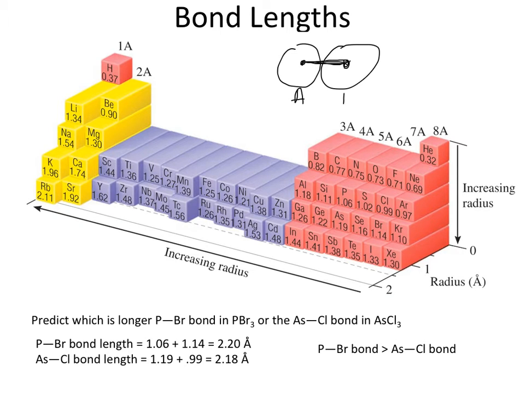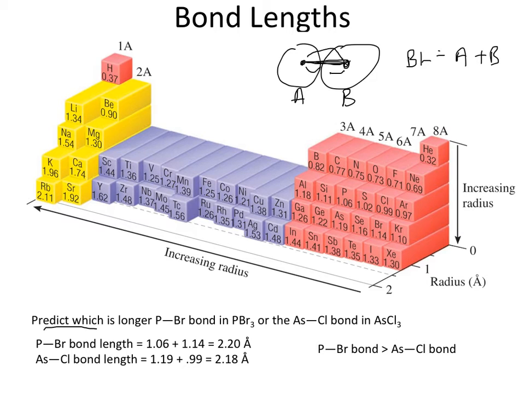So for element A and element B, if I know the radius of B and the radius of A, I can find the bond distance between the two, or at least an approximate calculation, by summing the two. So bond length is going to equal A plus B, the radii of each of those.